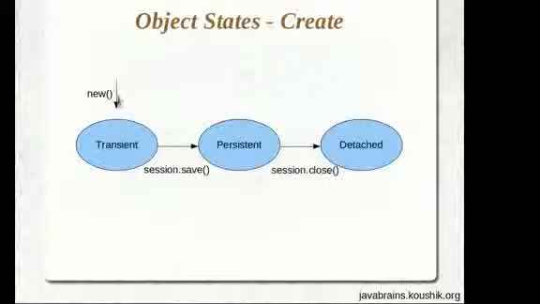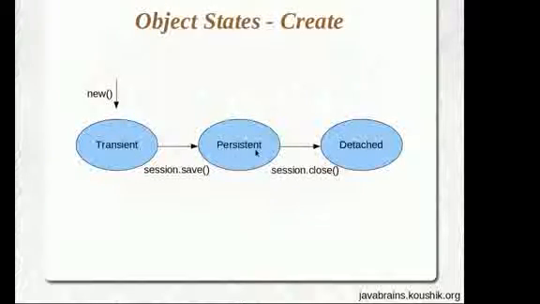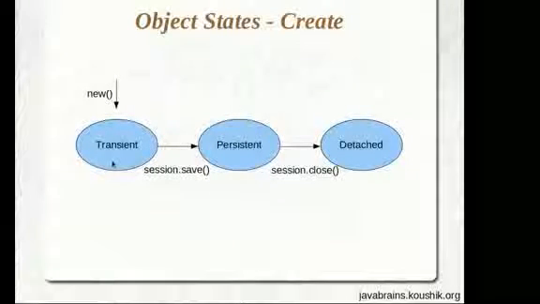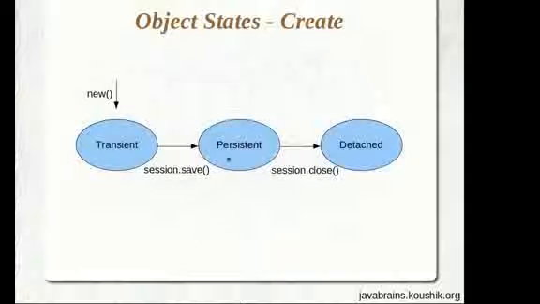We got a new, and we had an object in a transient state, but it could as well be a persistent object being deleted and moved to a transient state. So no matter how you get it to a transient state, doing a session.save is going to convert a transient to a persistent. If it was a previously deleted record, it's going to insert and create a new record so that I can have an object in a persistent state and updates can go through.